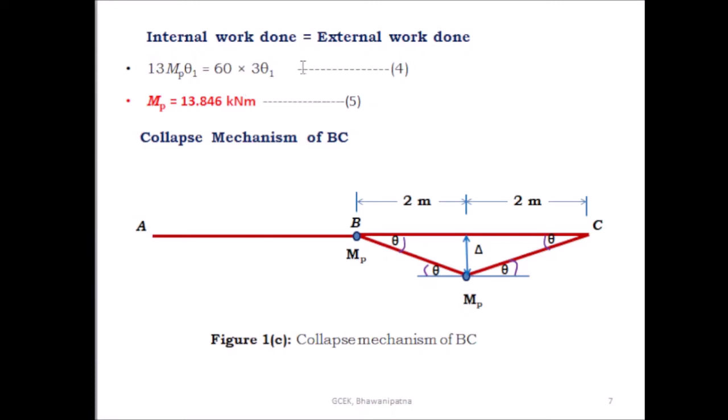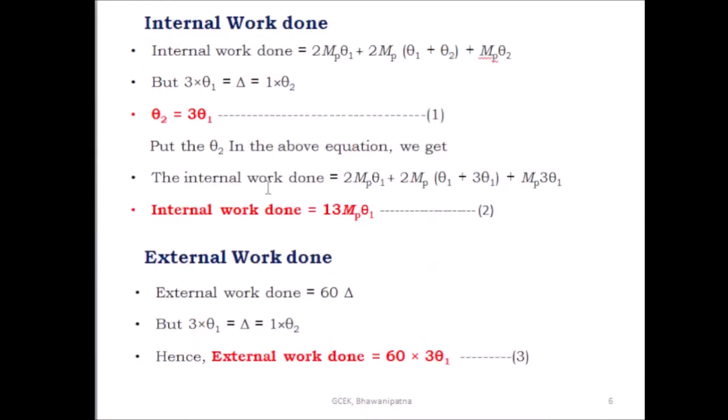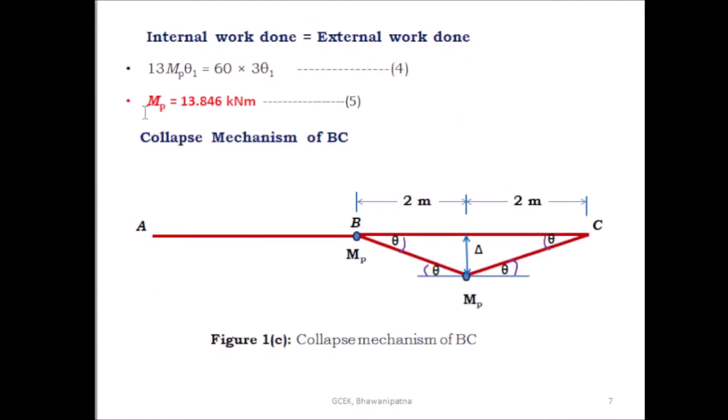After simplification of this equation, the plastic moment is equal to 13.846 kilonewton meter. So this is the plastic moment you got from the collapse mechanism of span AB.